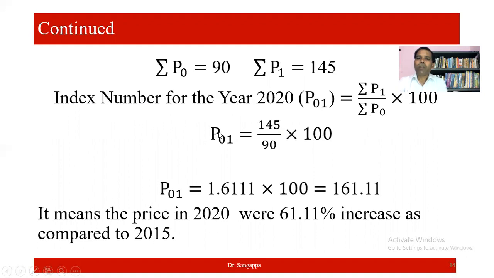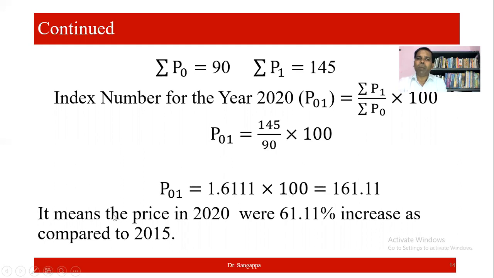So sigma P1 is 145 upon sigma P0 which is 90, into 100. Let us divide 145 by 90. The answer is 1.611. Then we multiply by 100. The final answer is 161.11.